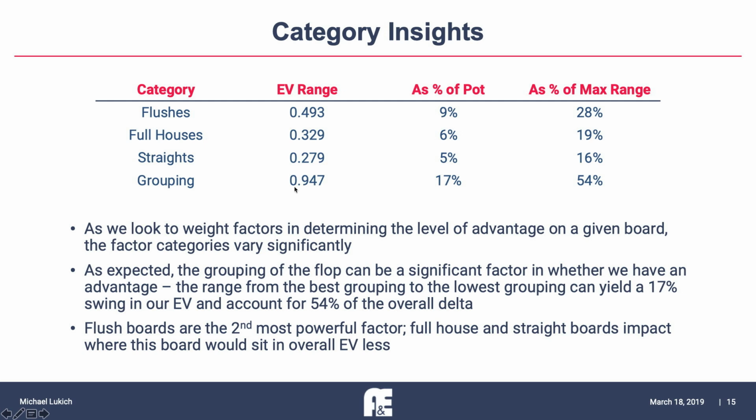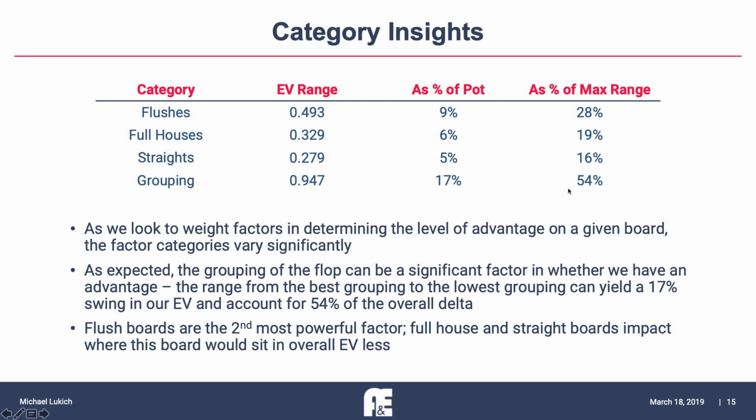Not surprisingly, you end up seeing that the grouping is the biggest impact and can have the biggest variability on the overall EV. So I took each of these ranges and expressed each of these values as a total percentage of the pot, and you can see somewhat of an impact here. But then I also took it off of the maximum range, which, if you remember, our maximum EV on the flop was something like 6.2 big blinds, where our lowest one was like 4.47 big blinds.